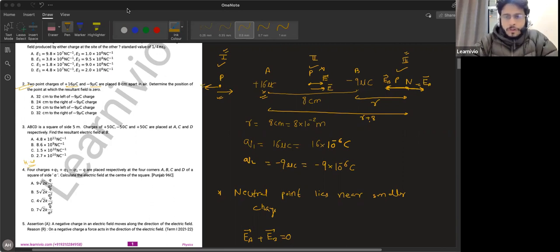Try to learn how we solve numericals. If you solve 20, 25 numericals with me in classroom, you will be able to solve the others also. But if you copy those numericals, that won't help.